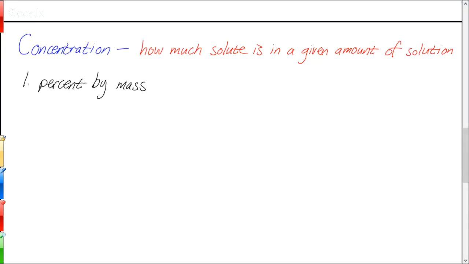So in percent by mass, which is written percent m over m, you just make a simple percentage of the solute and the total solution.